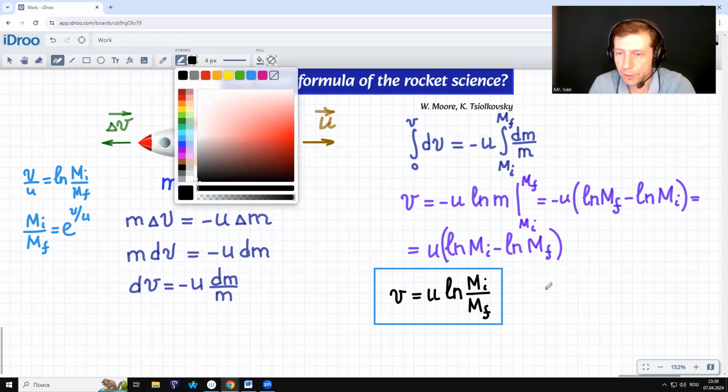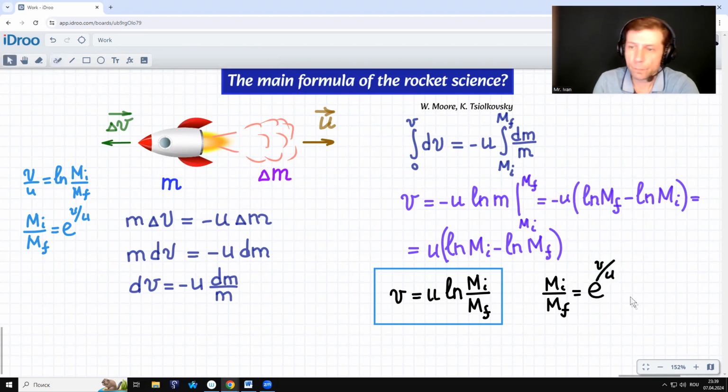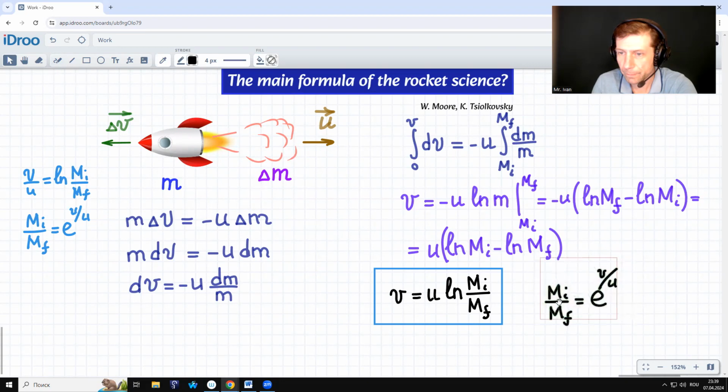Let me rewrite it here. The initial mass over final mass is e, Euler's number, to the power v over u. And take it also into a frame.